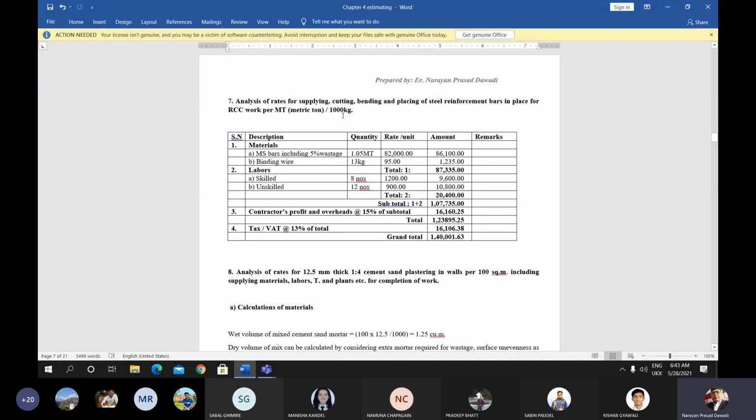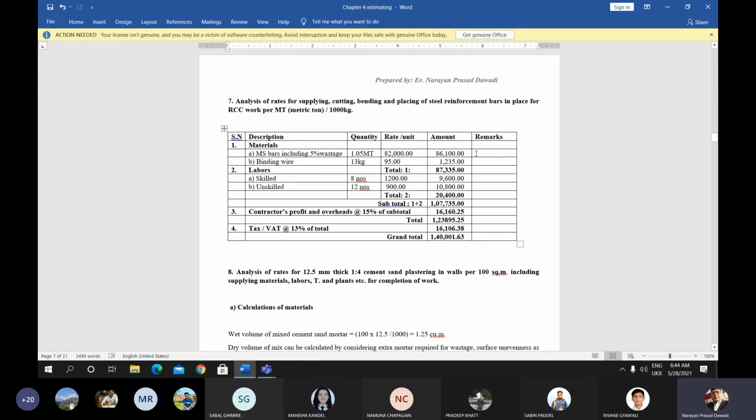Now for a metric ton there is 1000 kg. 1 kg of the reinforcement bar is taken as 82 rupees to 85 rupees per kg, which is available in the market. That's why I am considering the per kg rate as 82 rupees, because the unit is metric ton. So per metric ton, per 1000 kg, the rate will be 82,000 per metric ton. The amount will be 86,100 rupees.